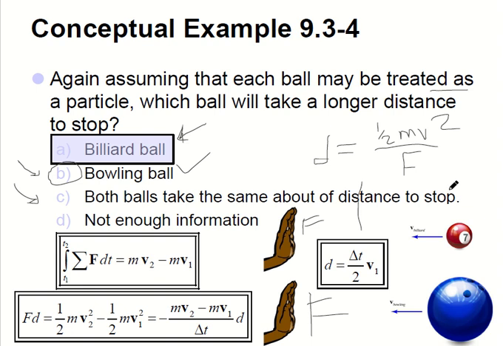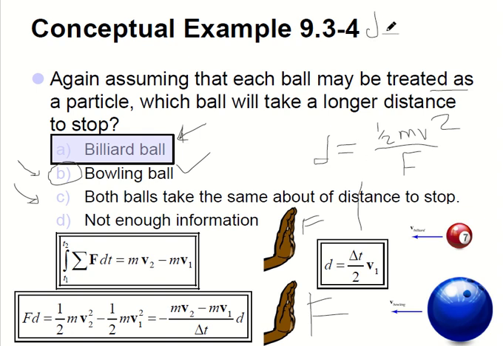We can also calculate it this way instead of using the time, because we're concentrating on distance, so we can make an initial velocity, and then vary the mass with the same force set. So if you calculate it, it's going to come out that your bowling ball goes about 1 meter, and your billiard ball is going to go about 0.2 meter. I don't know if you can see it or not.